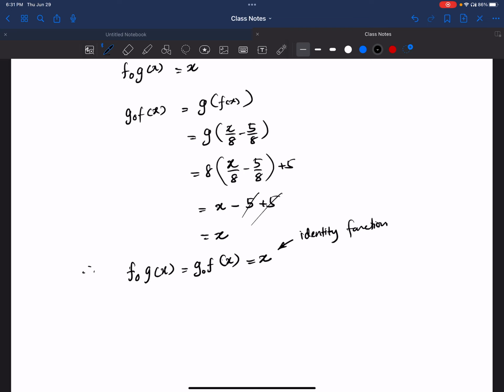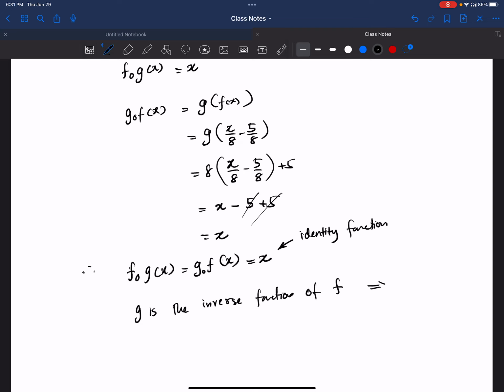And if you have f of x and g of x one-to-one functions, and also f composed with g of x is equal to g composed with f of x is equal to x, that means g is the inverse function of f.